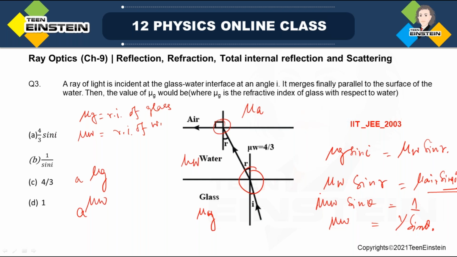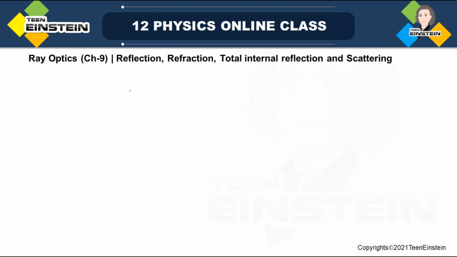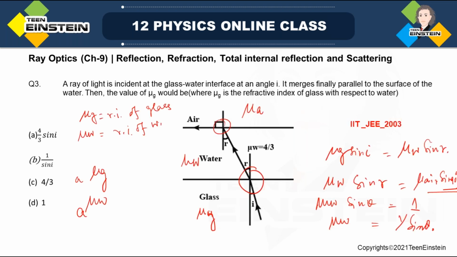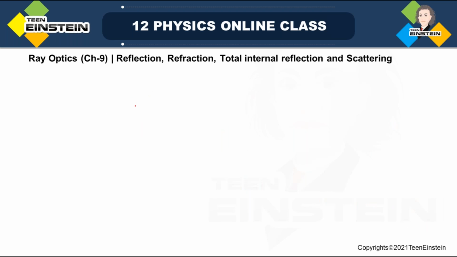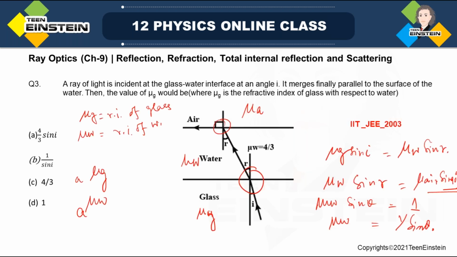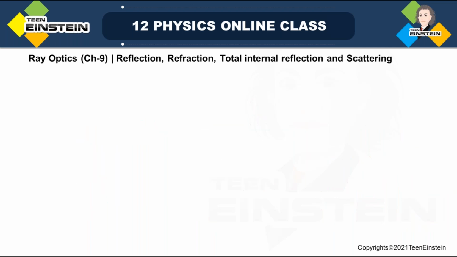We have got mu w, but we have to find out mu g. We know that a mu w is equal to 4 by 3.